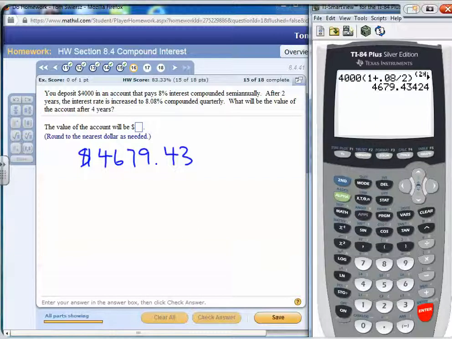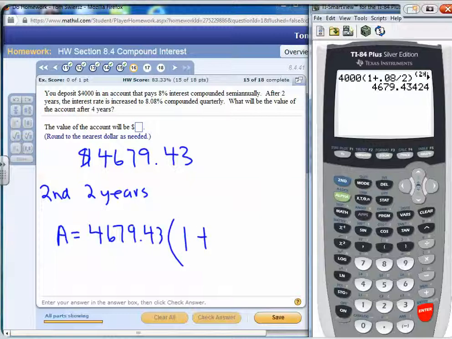So now we're going to do the second 2 years. The amount is going to be, the original principal is what we had after 2 years, which is 4679.43, times 1 plus, now the interest rate is 0.0808. It goes up to 8.08%, so move the decimal over 2 places.